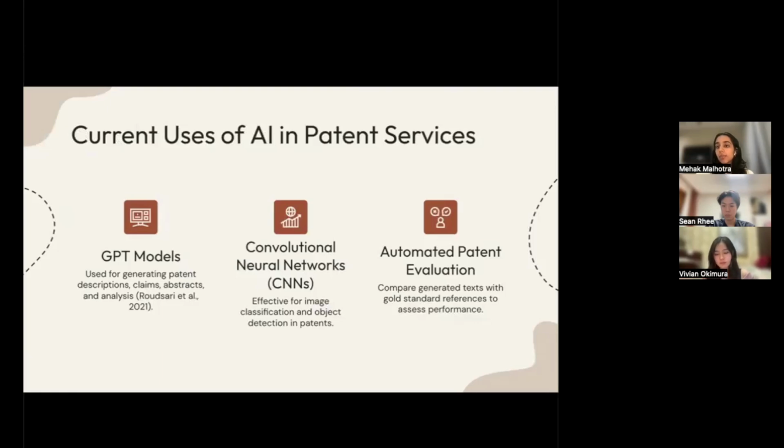Lastly, while AI is becoming more prevalent in the patent management industry, the gold standard is still human evaluations for reviewing patent work. However, it is extremely time consuming and expensive. So, automated patent evaluation includes comparing texts to references that have already been assessed by a human evaluator.